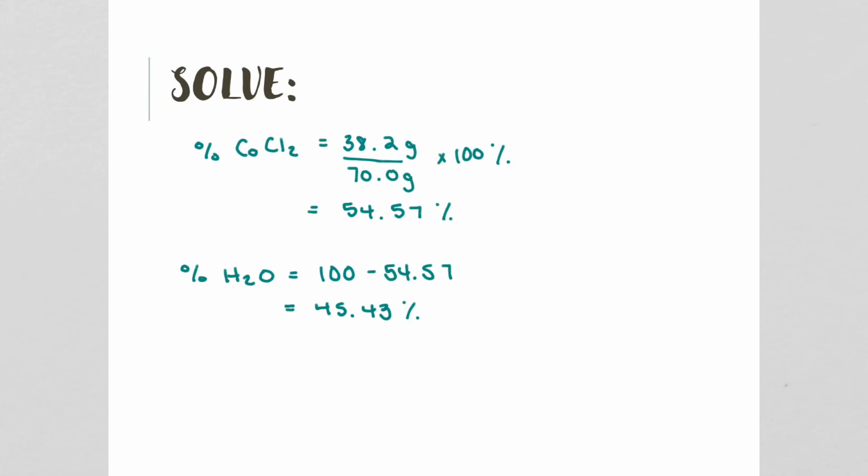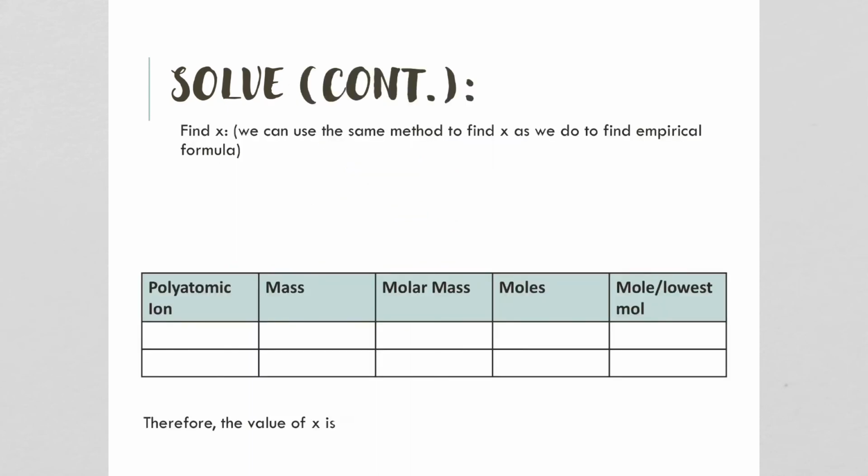So now we can take that information to figure out the percent composition, or the formula of the hydrate. So before we can put our information into the table, we need to find the molar masses of each.